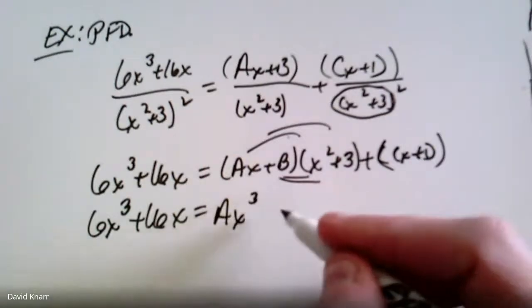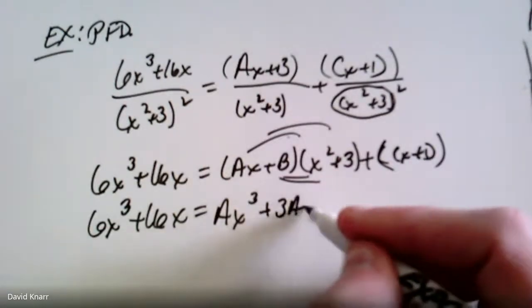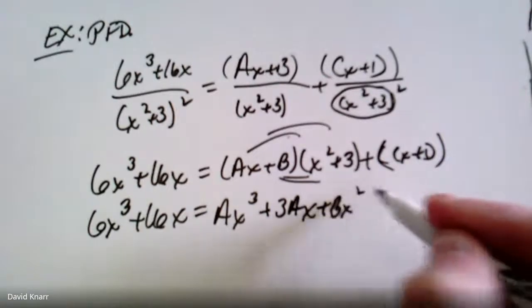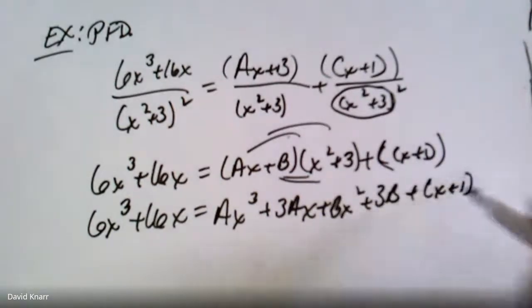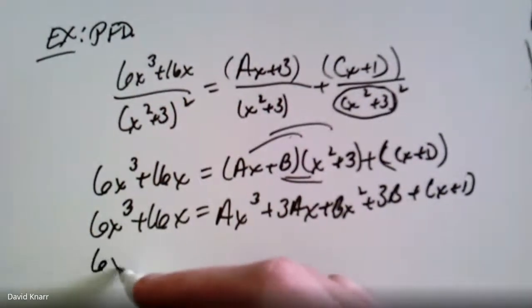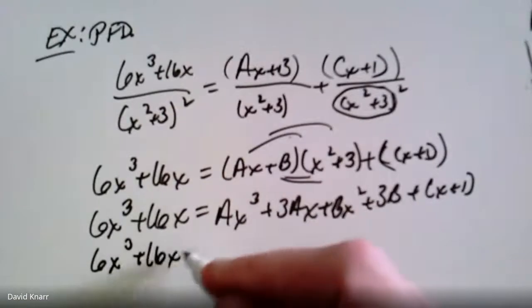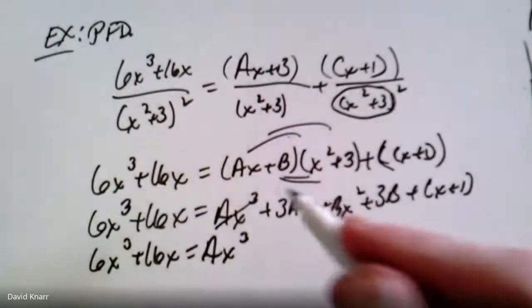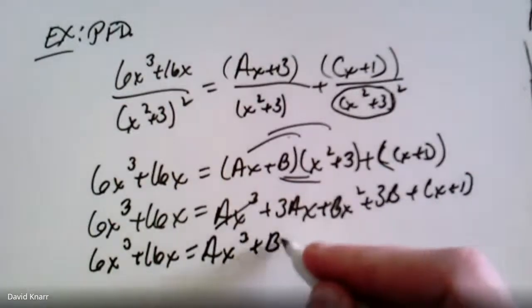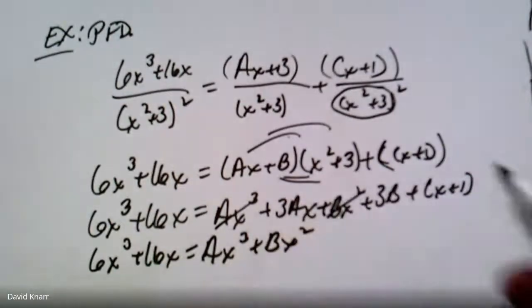So this is Ax cubed plus 3Ax plus Bx squared plus 3B, plus Cx plus D. There's nothing to even FOIL over there. Now let's put these together. We have an Ax cubed, but that's the only one. Then we have a Bx squared, but that's the only one of those.